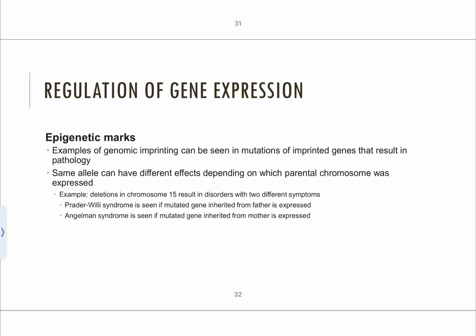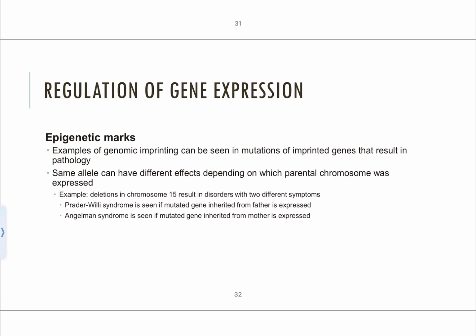So examples of genomic imprinting can be seen in mutations of imprinted genes that result in pathology. The same allele can have different effects depending on which parental chromosome is actually being expressed. So one example is deletions in chromosome 15, and that's going to result in disorders with two different symptoms. We have Prader-Willi syndrome, which is seen if the mutated gene inherited from the father is expressed, and we have Angelman syndrome, which is seen if the mutated gene inherited from the mother is expressed.